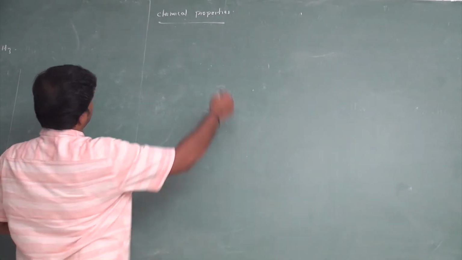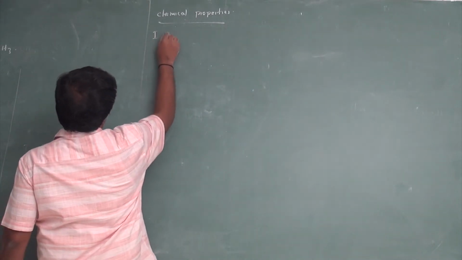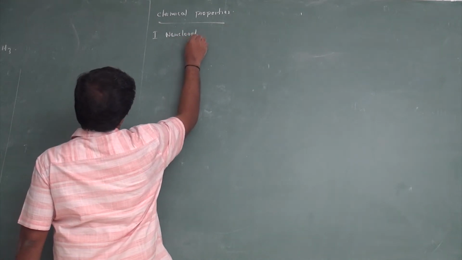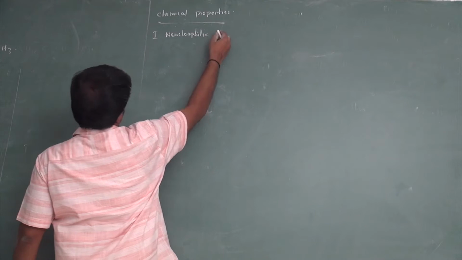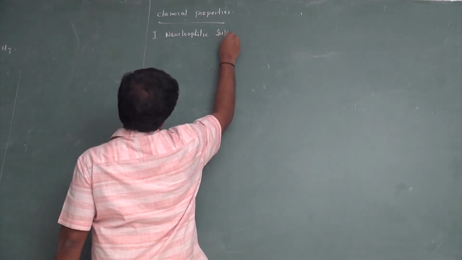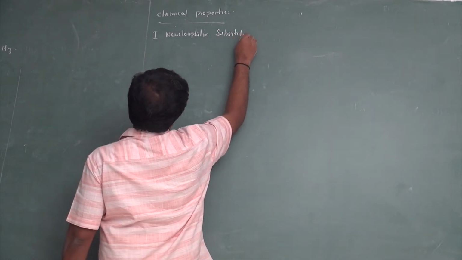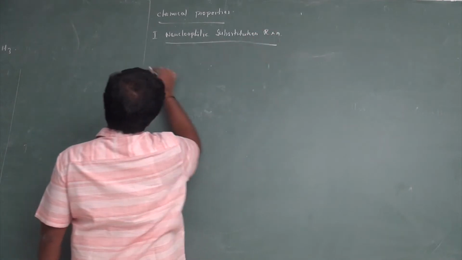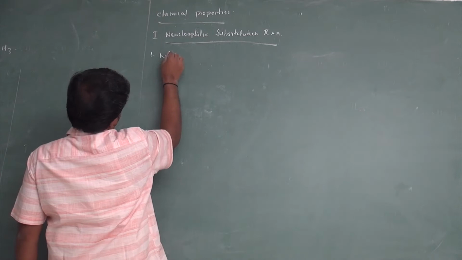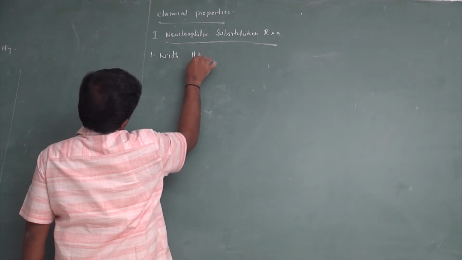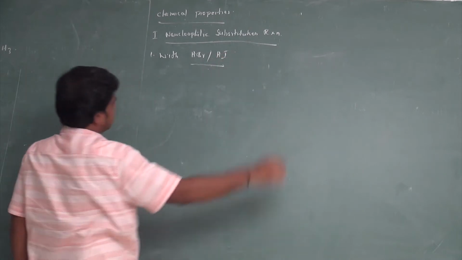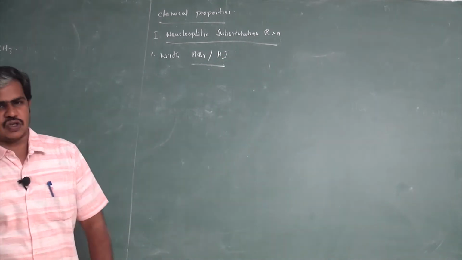So the first one we take is the nucleophilic substitution reaction. In this, the first one is the reaction with HBr or HI.